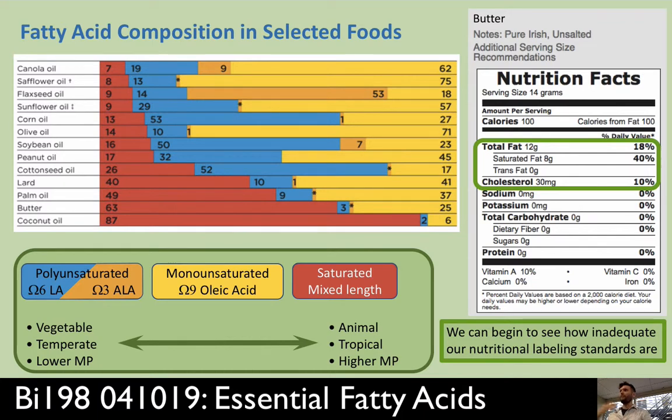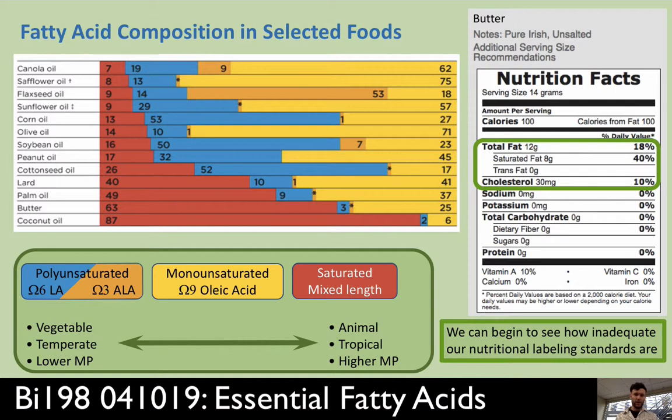We had to infer that number by subtracting saturated fat from total fat. So on the left here, I have a more comprehensive breakdown of the categories of fats that you can find in various foods.